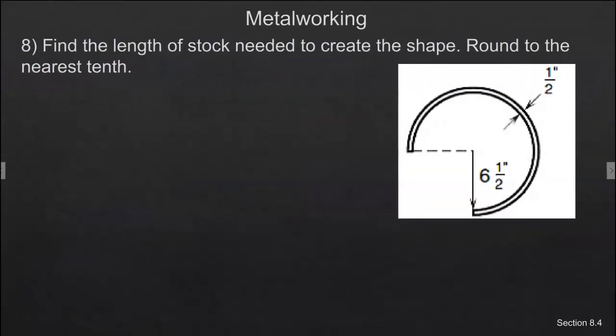All right. Here's another one. Find the length of stock needed to create the shape, round to the nearest tenth. So when you take a look at this, I think you can see it's 3/4 of a circle. I'll write that out. 3/4 of a circle right here.